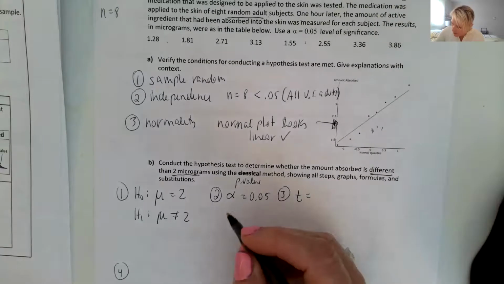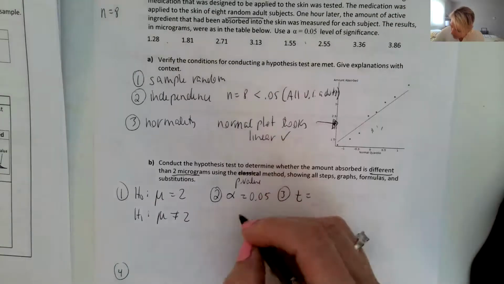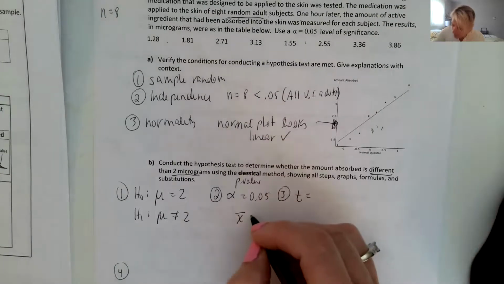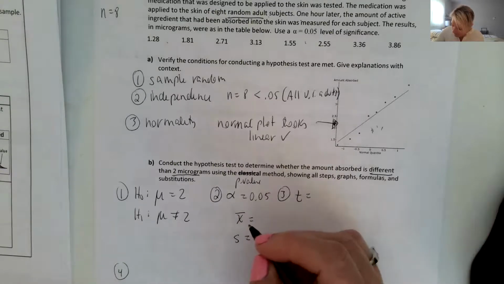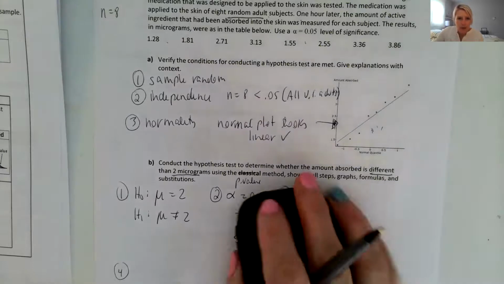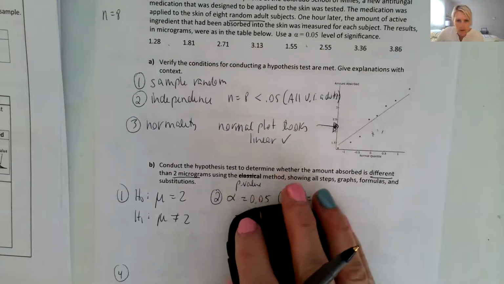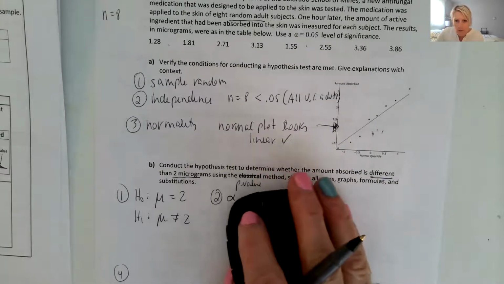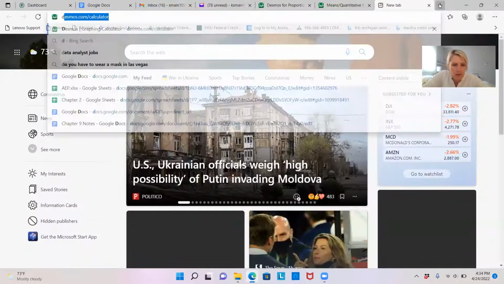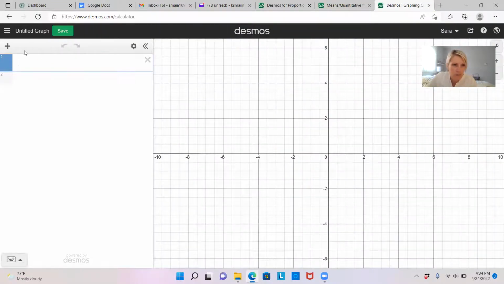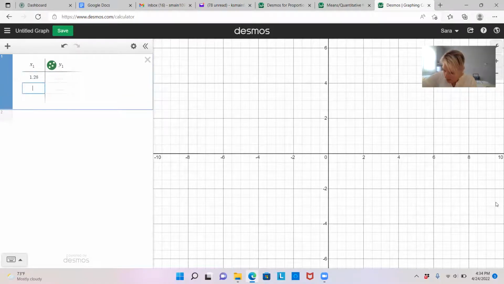And so we need to go to Desmos and put in our raw data. We need to get from Desmos our sample mean and our sample standard deviation. Okay, so let's go do that first. Enter our data into Desmos. And I am just going to open up another one here so I can have my data in. And so we had 1.28.